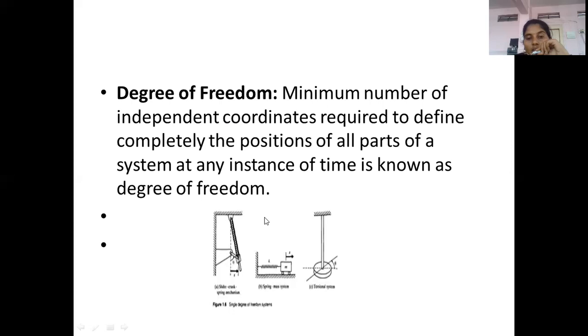Please write down this definition of degrees of freedom in your notebook.